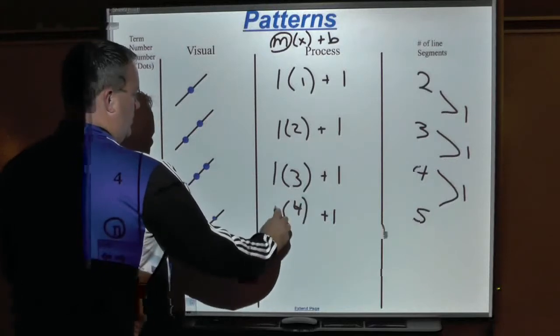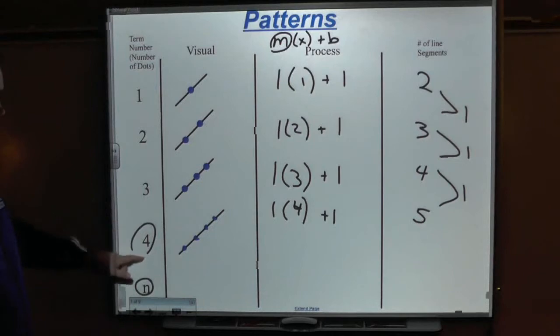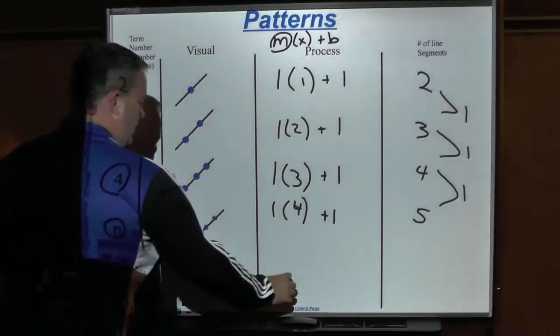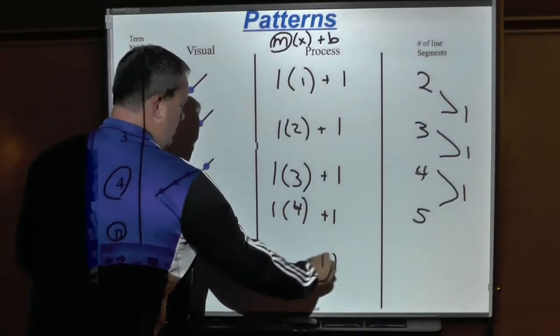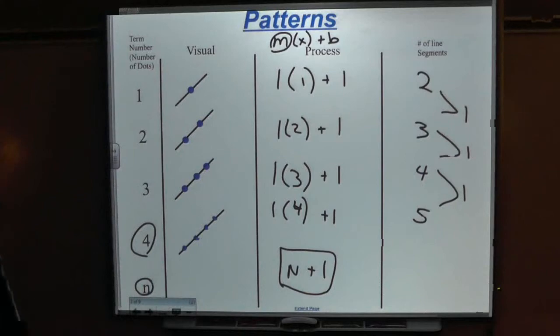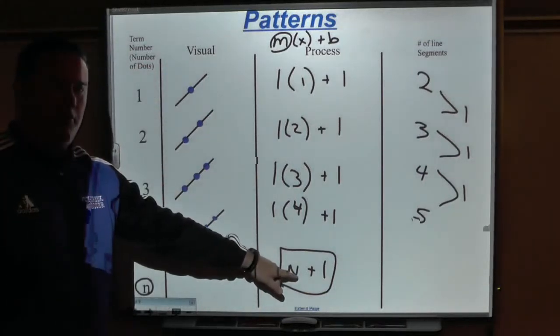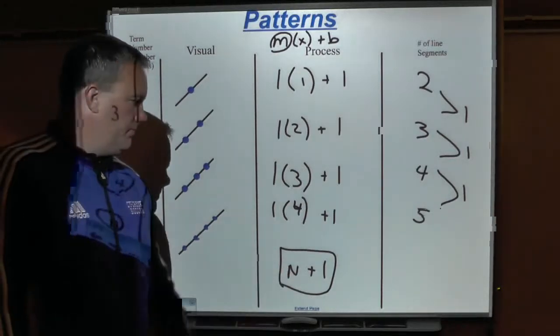What we're changing is your domain to get a range. So we look at this in terms of n. That's 1 times n plus 1. That is your pattern. N is your domain, your x-coordinate, your independent variable. Alright?